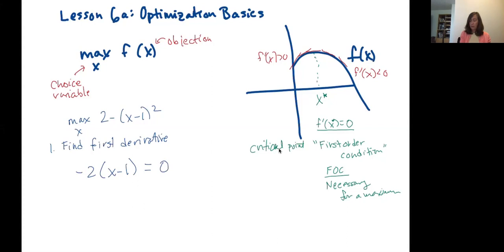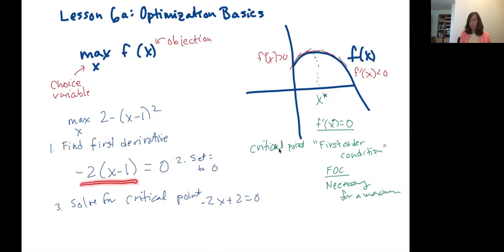So step 1, find the first derivative. Step 2, set it equal to 0. And step 3, solve for the critical point. Solving for my critical point, negative 2x plus 2 equals 0, just multiplying out this tricky algebra here.